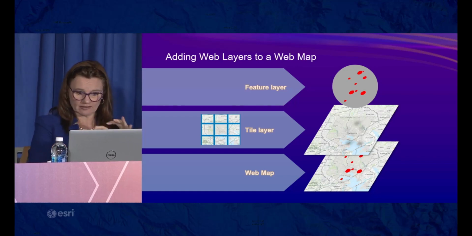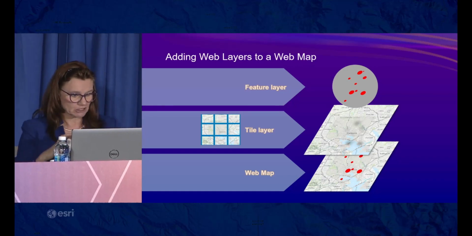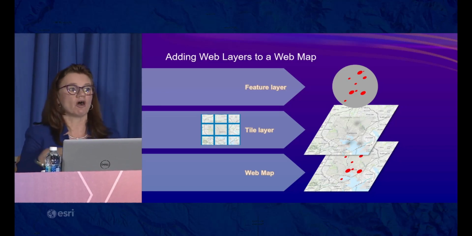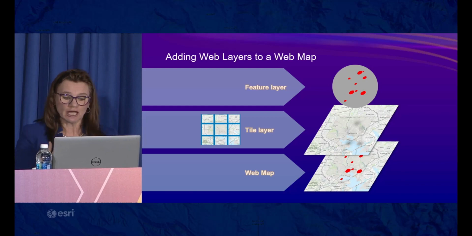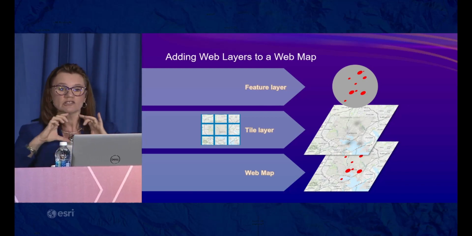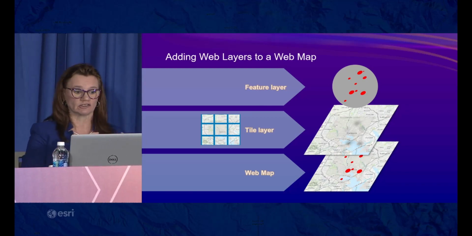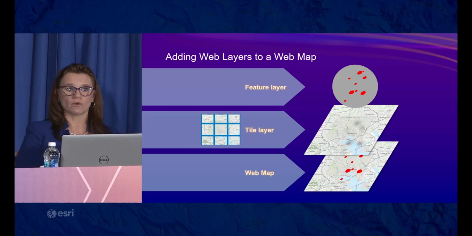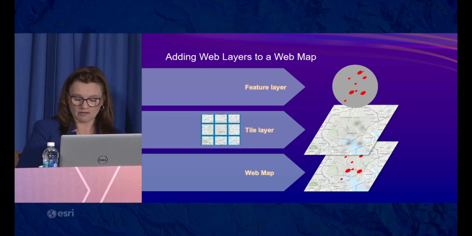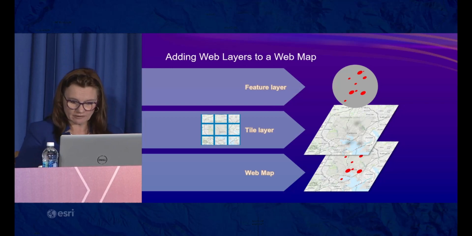We're looking at tiles, at cached pictures of the data. They draw very fast and make great base maps. And feature layers actually stream the points, lines, and polygons to the client app. So we use them for editing data in the field and for analysis.